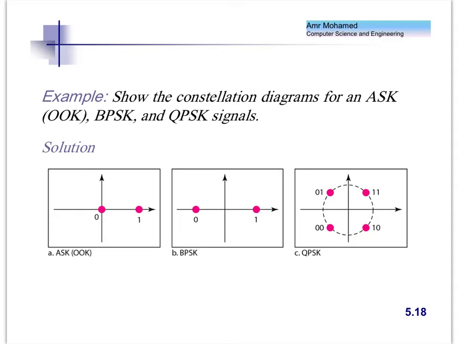I stands for in phase. In phase means that the components have a phase shift of 0. So any sine wave with a phase shift of 0 will be represented on the in phase axis, which means that in the x-axis we represent sine waves with a phase shift of 0 with different amplitudes.